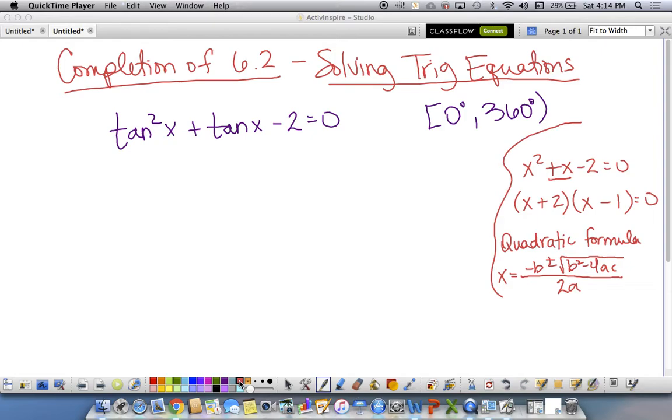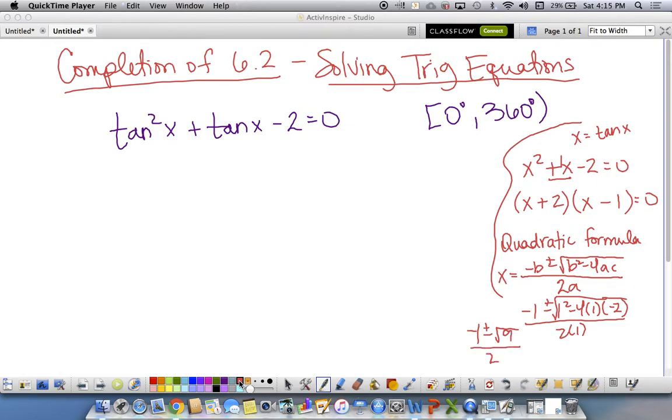In this case, all of your x's are representing tangent of x. So in both of these cases, if you plugged in negative 1, because my b is 1, plus or minus the square root of 1 squared minus 4 times 1 times negative 2, all over 2 times 1, you would get 1 plus or minus the square root of 1 minus a negative 8, which would be a positive 9.